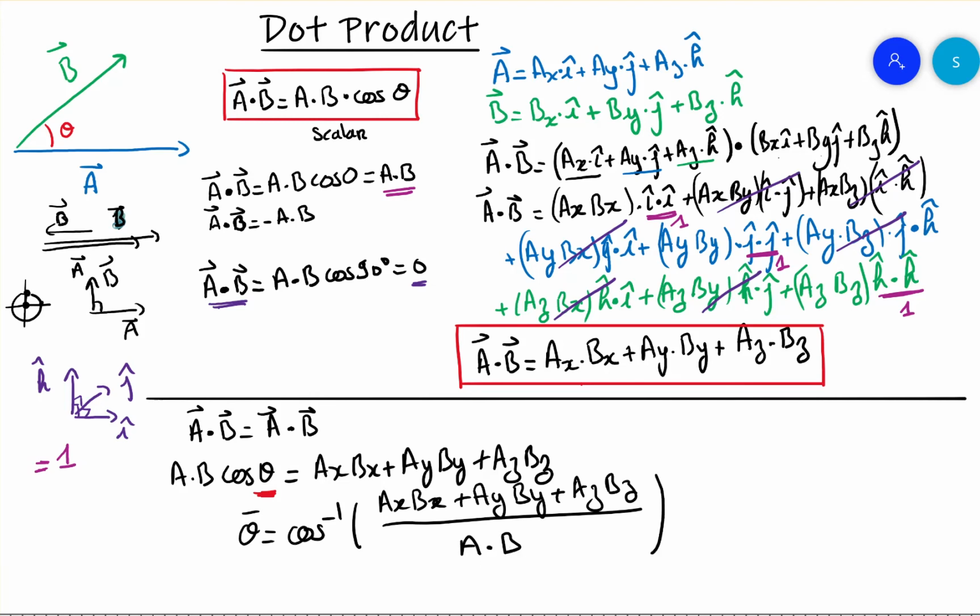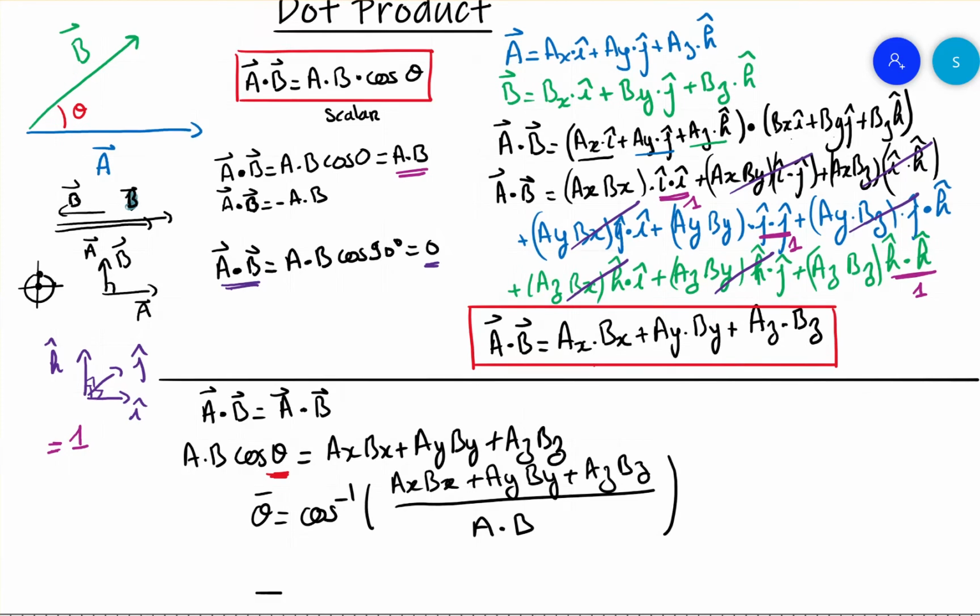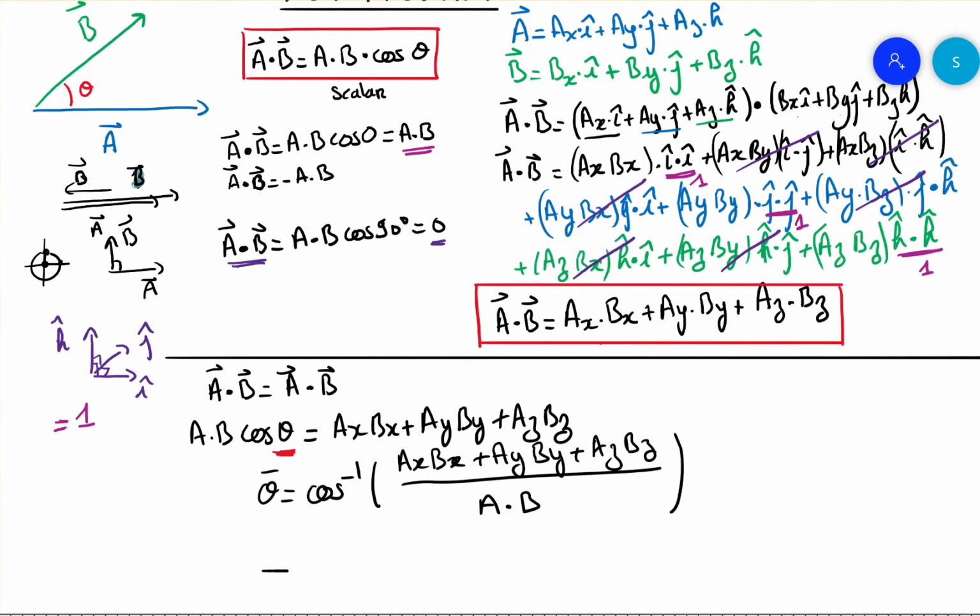And the magnitude of a is equal to the square root of ax square plus ay square plus az square, right?